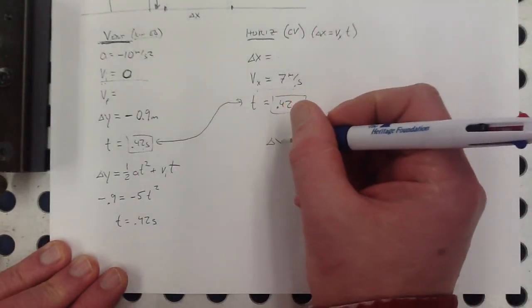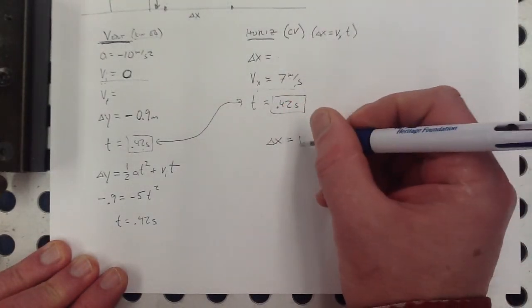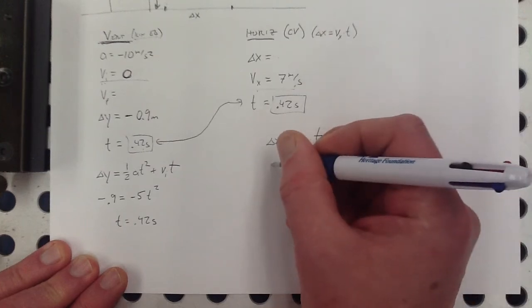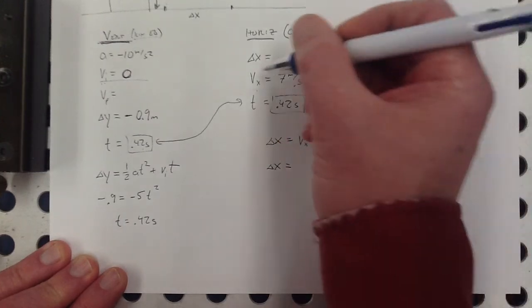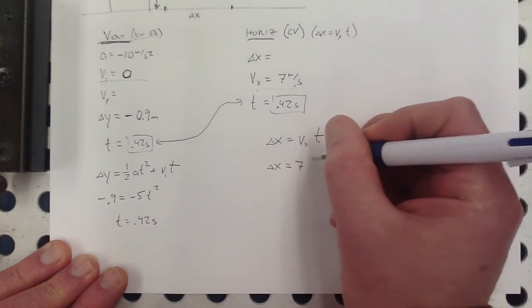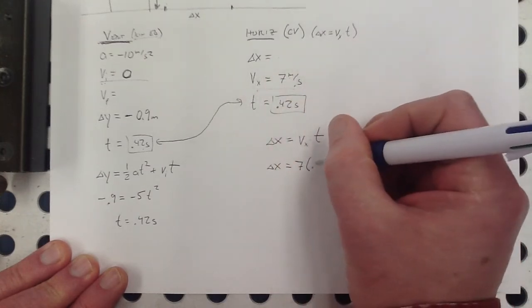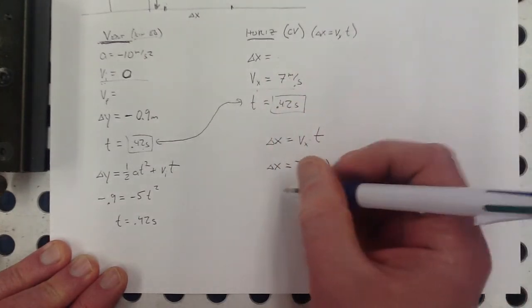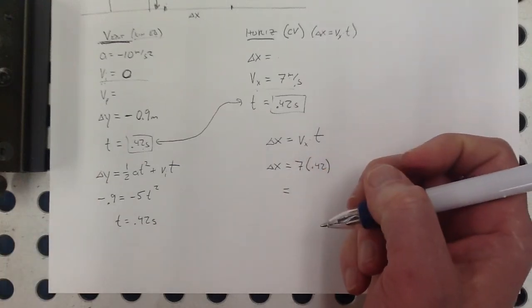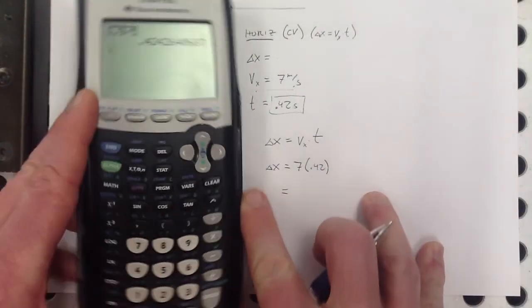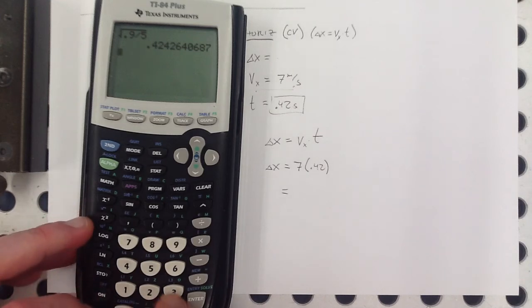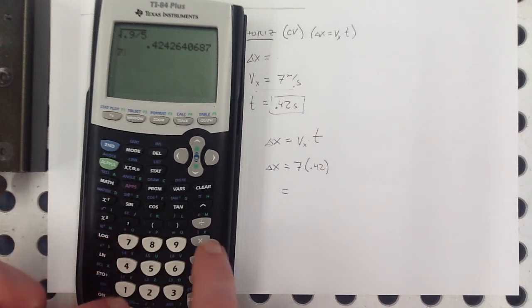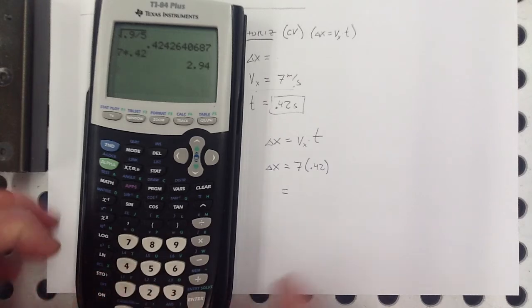So I should be good to go here. Delta x is equal to Vx times t. Vx is 7. The time is 0.42. That gives 2.94.